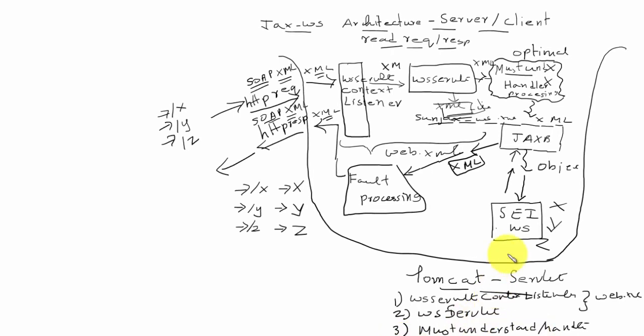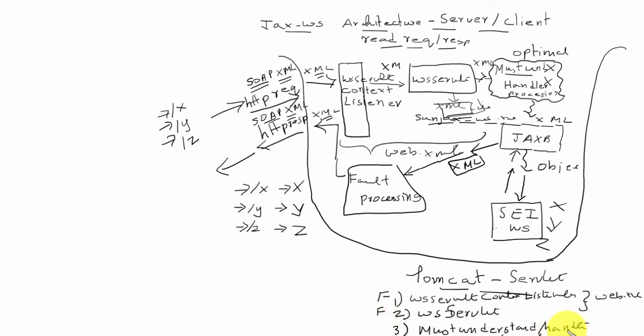The service endpoint interface class and the URL pattern are configured in the sunjaxws.xml file. That's where we configure the URL pattern and the SEI class. The framework provides the listener and the WS servlet.